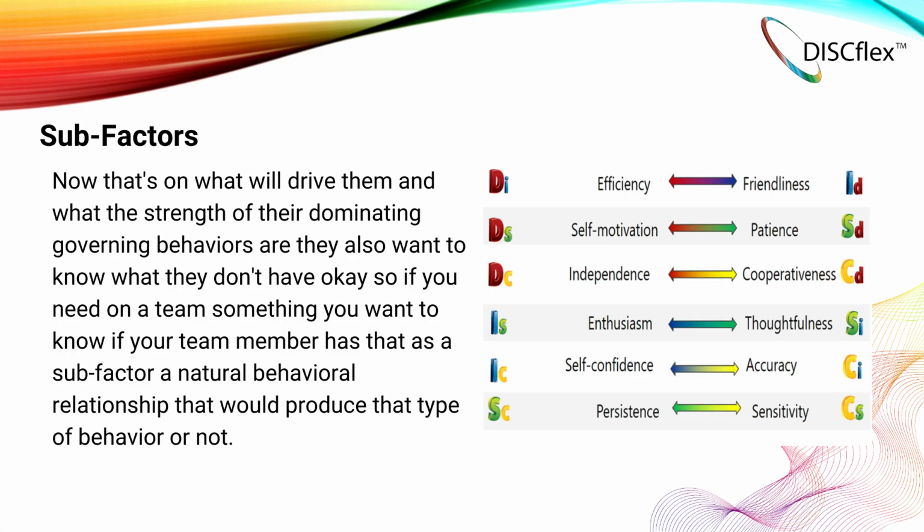Now, that's on what will drive them and what their strengths of their dominating governing behaviors are. You also want to know what they don't have. So if you need something on a team, you want to know if your team member has that as a subfactor, a natural behavioral relationship that would produce that type of behavior, or not.